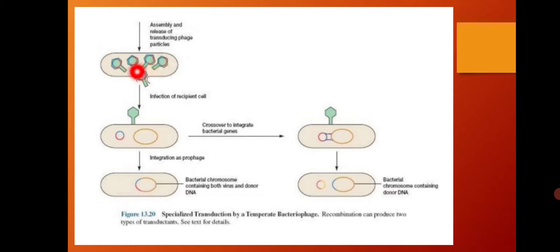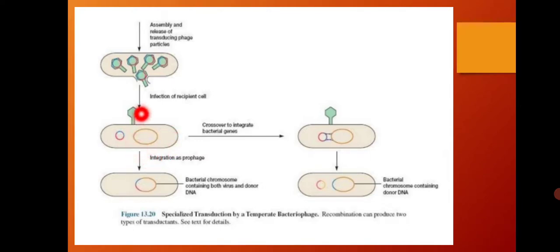Once the copies increase, the cell will lyse, and the phage is ready to infect another bacterial cell, the recipient cell. From the donor, the genetic material is transferred to the recipient cell.